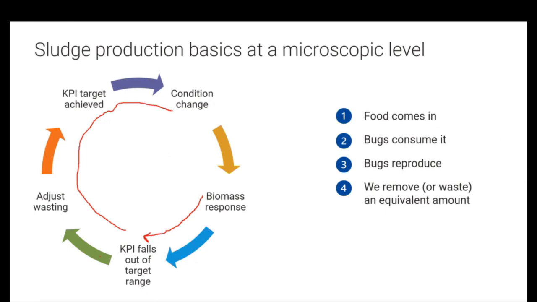Maybe it's a peak weather event, maybe it's decreased loading, increased loading. Maybe we brought a basin online. Maybe we took a basin offline. And our biomass is all going to respond to that. And so this is just the intro to what we're looking at when we talk about our systems, what's actually going on in that system.